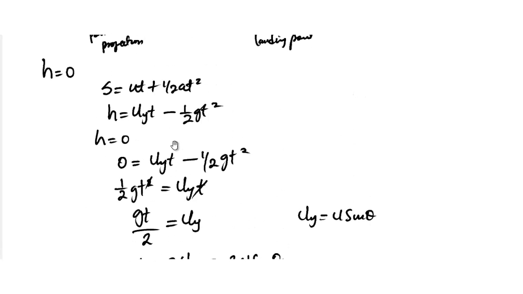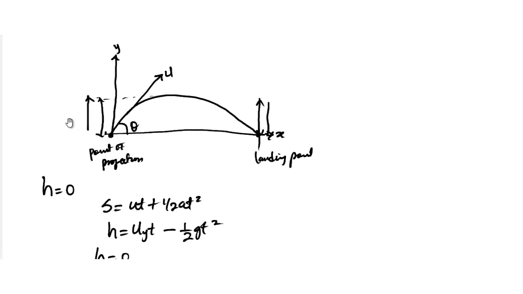Now let me come back to this diagram I drew here. Let's say a projectile is fired at an angle theta to the horizontal, and when it is going, of course, it is reducing in velocity because gravity is pulling it down. When it gets to this point, let's take this as the maximum height, h.